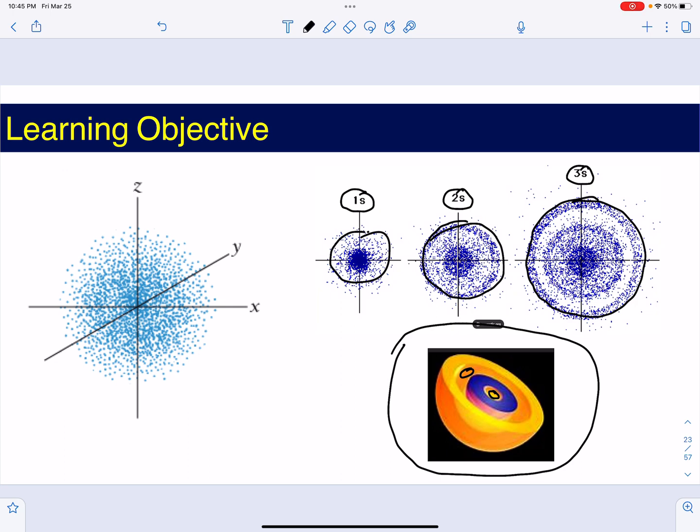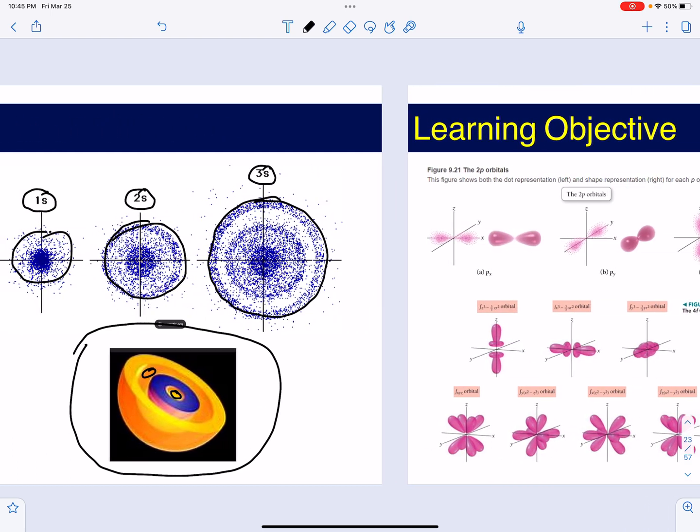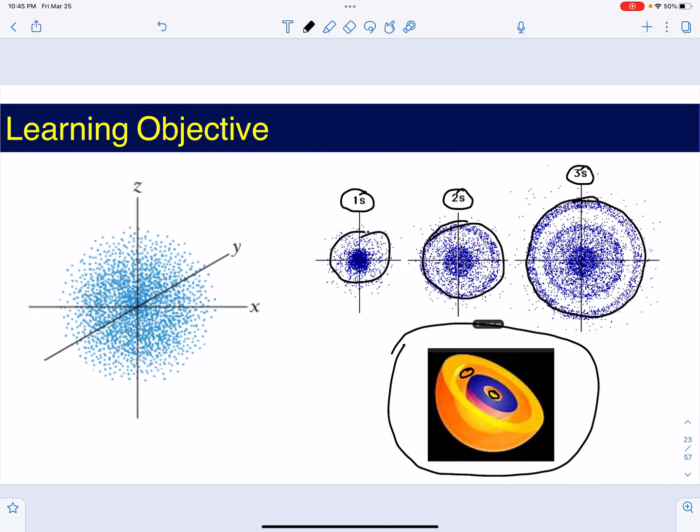Not like an orbit going around, but like a probability diagram, where we can see where we expect the electrons to be most of the time based on probability. And it's going to be 3D. And we're going to call those orbitals. Wherever the electrons can be, that area, we're going to call orbitals.